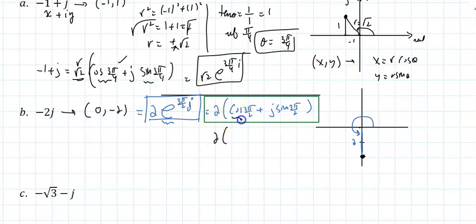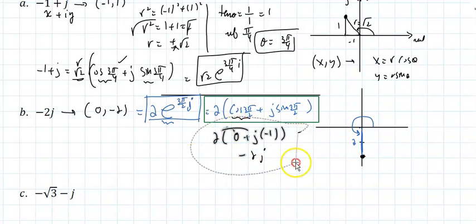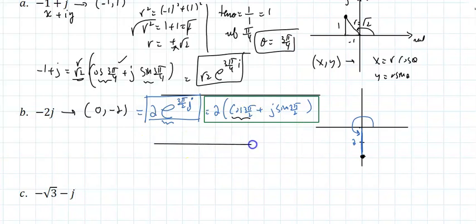If you work this out, the cosine of 3 pi over 2 is 0. The sine of 3 pi over 2 is -1. So that's really -2j. You're writing the same thing just in different forms, but we need the polar form to find enough solutions when the time comes, along with other things.